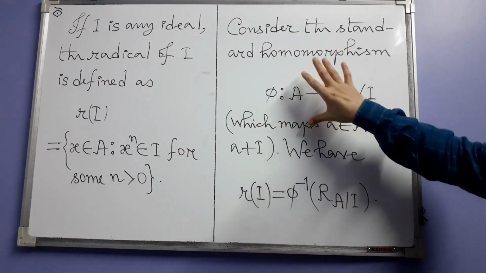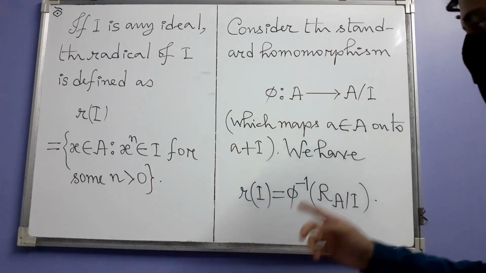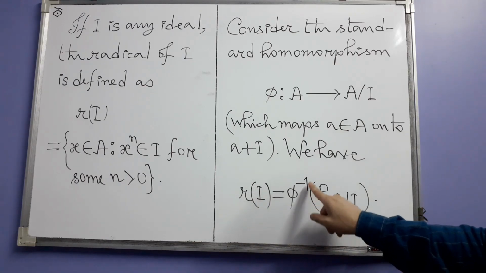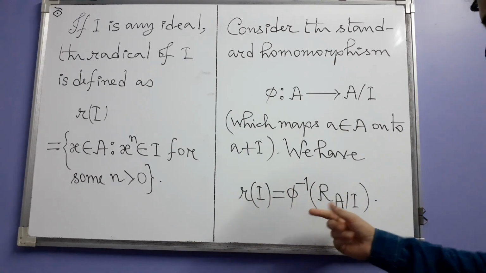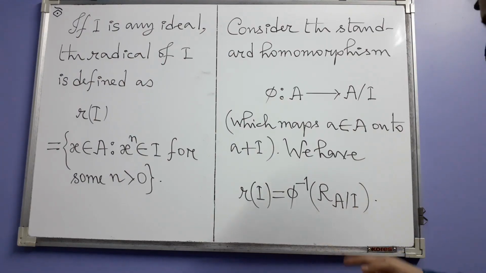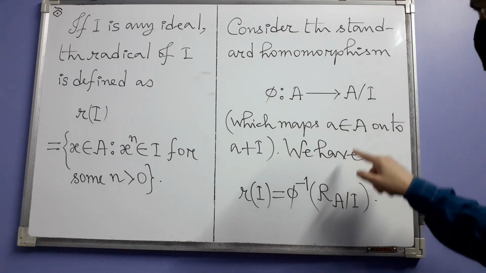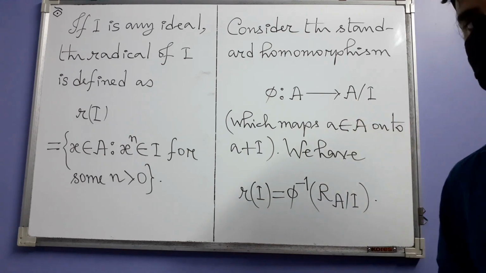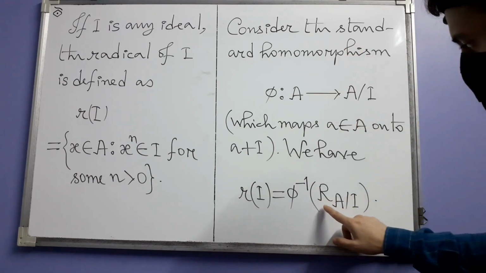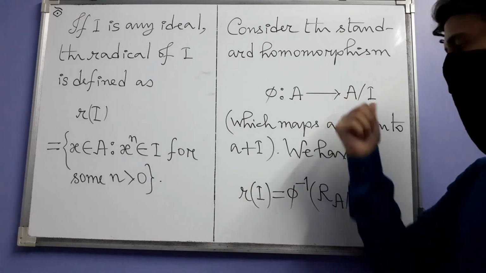And then how are we going to use this here to conclude that this is an ideal? It turns out that the radical of I is just the inverse image under phi of this. What is this? Recall that this is the set of all nilpotent elements in this ring. We saw before that this is itself an ideal in this ring.